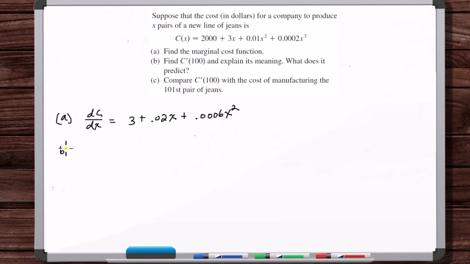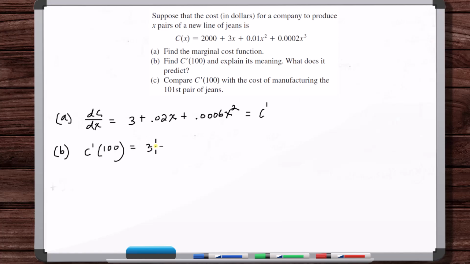Okay, part B. Find C prime 100 and explain its meaning. What does it predict? So, yeah, this is C prime. So, C prime 100, the marginal cost at the 100th unit.